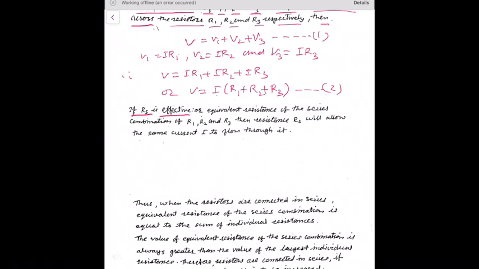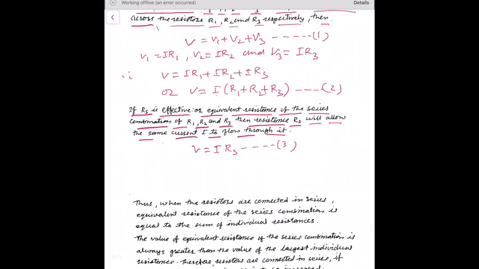If Rs is the effective or equivalent resistance of the series combination of R1, R2, R3, then resistance Rs will allow the same current I to flow through it. Therefore, V equals I Rs. It is equation third.